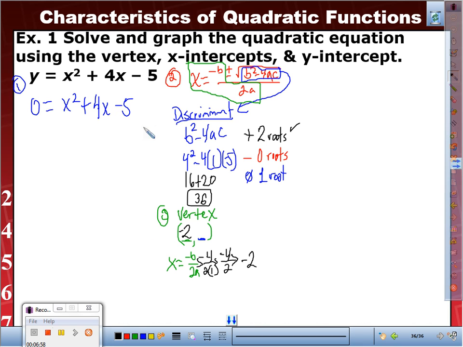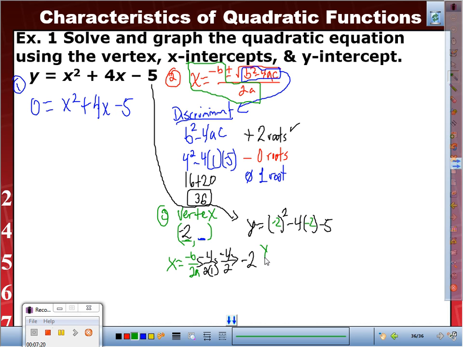Some of you are thinking, well, if I take this equation and write it over here, y equals, but instead of x, what would I write? Everyone? Negative 2. That is true. That's how we're going to get our y value.